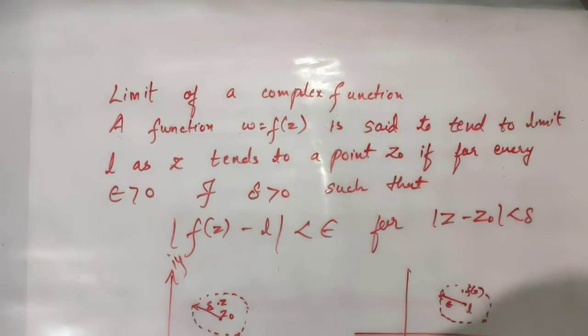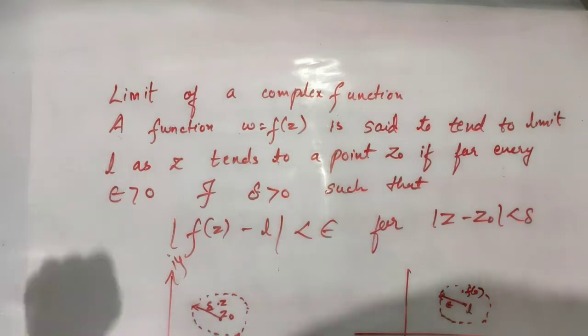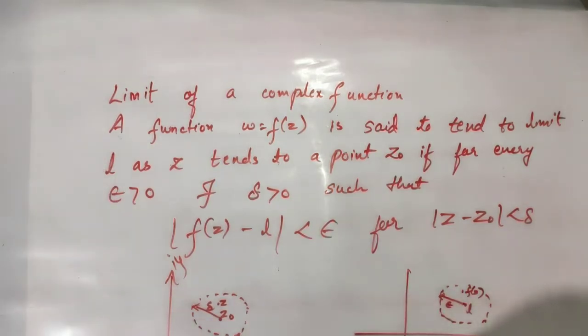Now let us continue with the definition of a limit of a complex function. A function w is equal to f of z is said to tend to a limit L as z tends to a point z naught if for every epsilon greater than 0 there exists delta greater than 0 such that the absolute value of f of z minus that limit L is less than epsilon whenever the distance between the points z and z naught is less than delta.